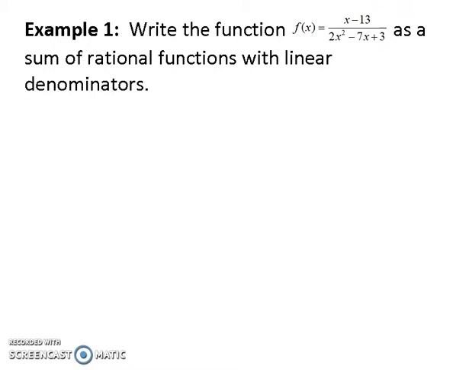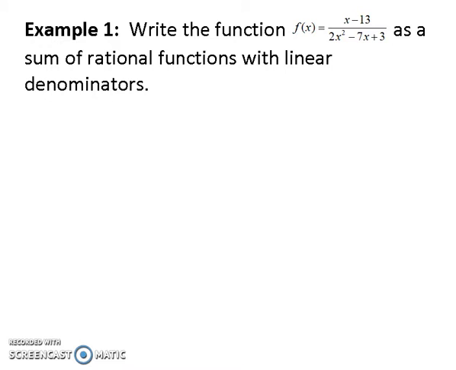I've got this function f of x equals x minus 13 over 2x squared minus 7x plus 3. And I want to rewrite that function as a sum of rational functions with linear denominators. Essentially, I want to break that fraction up into 2 separate fractions or more that, when I add them together with common denominators, I would end up with x minus 13 over 2x squared minus 7x plus 3.